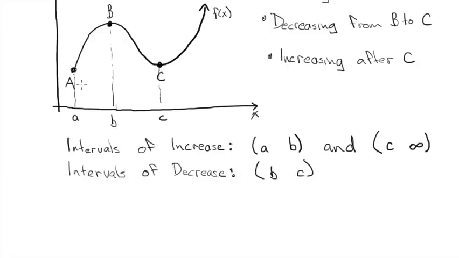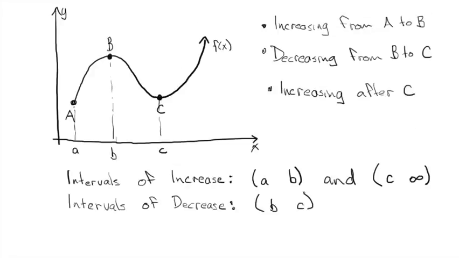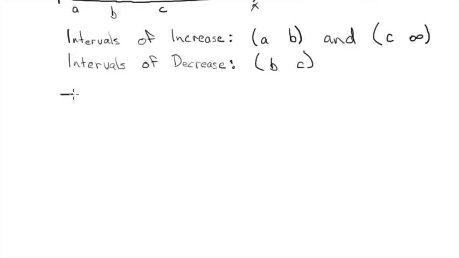Of course, these points B and C, as we pointed out, are kind of our boundary points where it goes from increasing to decreasing. We do give that a special name. We're going to call those turning points.